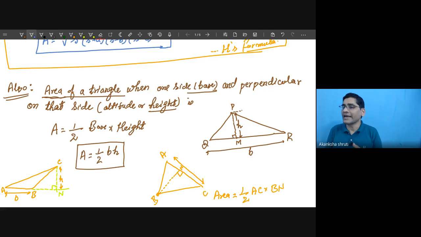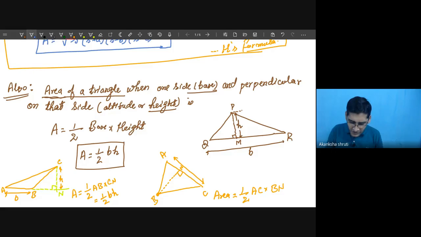It may be on the extended part like this one. So searching for the perpendicular is a very important thing. This we will use in our quadrilateral also. So students, therefore the area in this case is obtained by taking half the base AB into the perpendicular CN. It is half B into H.